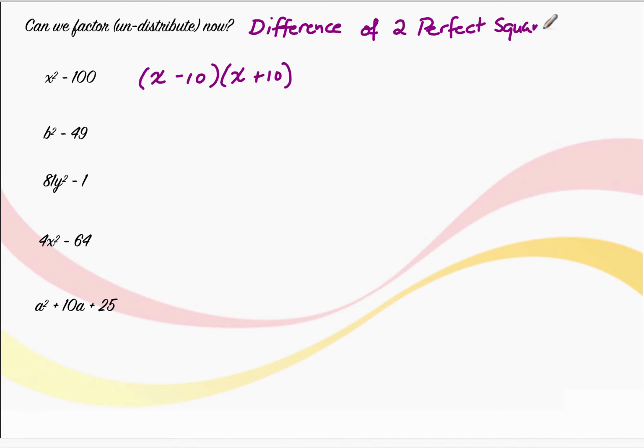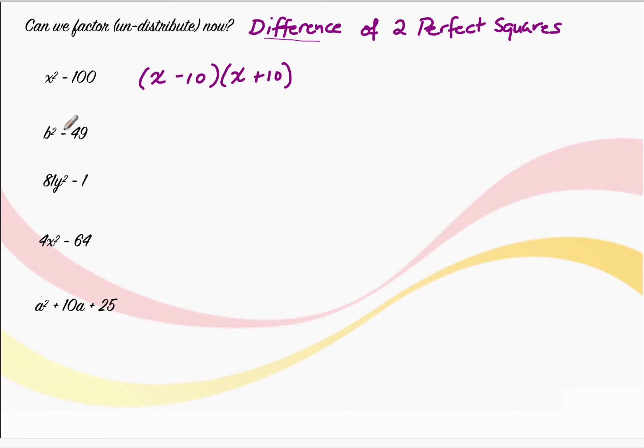And can you see why? There's a difference sign. And difference means to subtract, and I'm subtracting a perfect square and a perfect square. So this is a very common type of factoring, which we're going to require you to know, and you're going to use it from now right through to calculus.